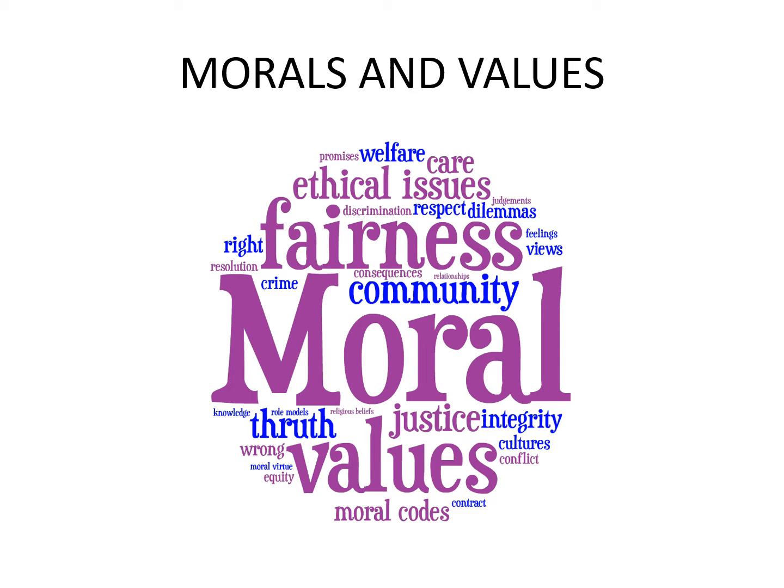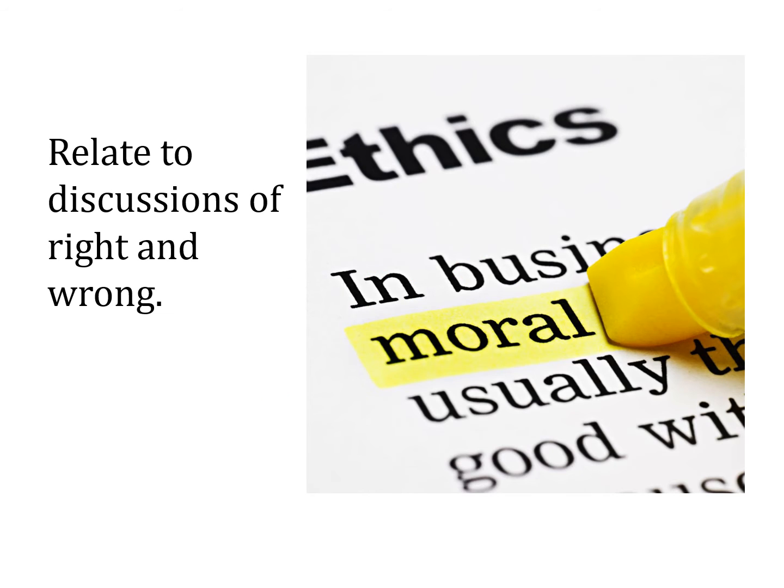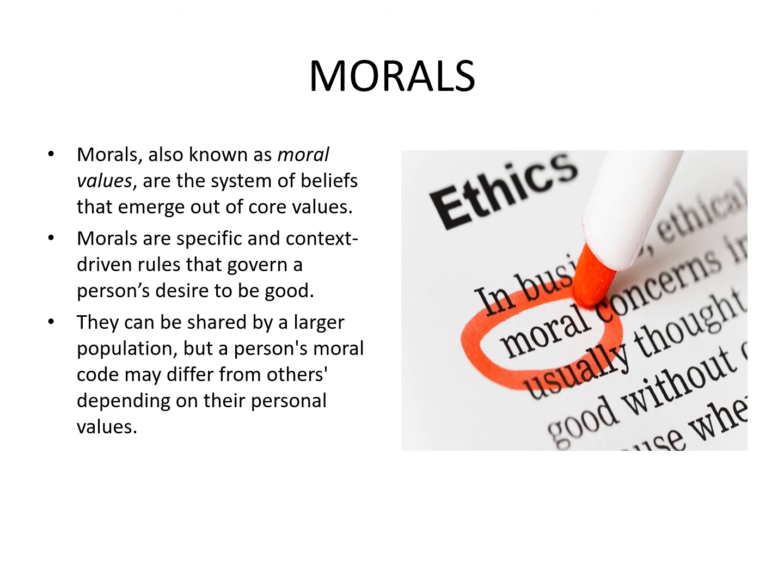All right, so next let's look at morals and values. So morals relate to the discussions of right and wrong. Morals can be known as moral values, and basically it's a system of beliefs that emerge from our core values.